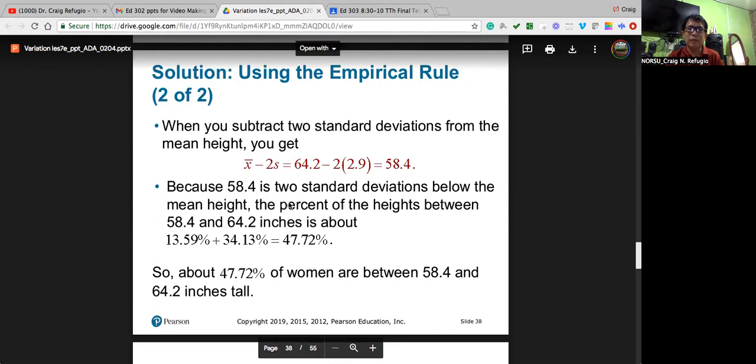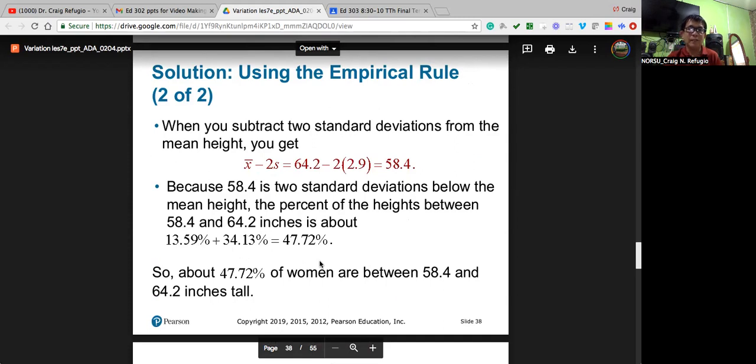Because 58.4 is two standard deviations below the mean, the percent of the heights between 58.4 and 64.2 inches is about 13.59 plus 34.13%.